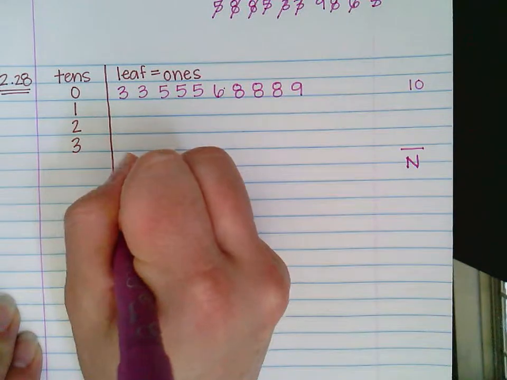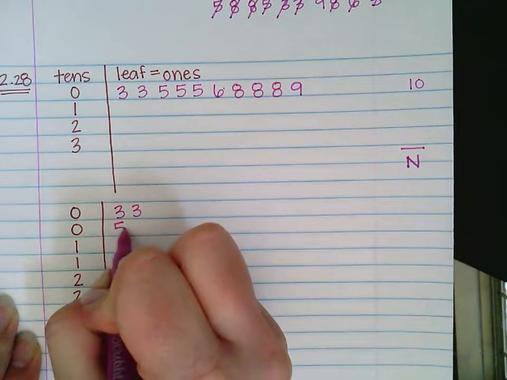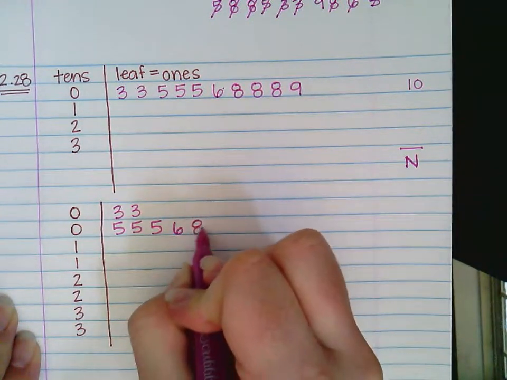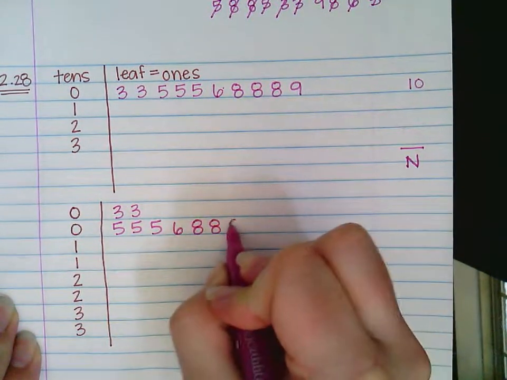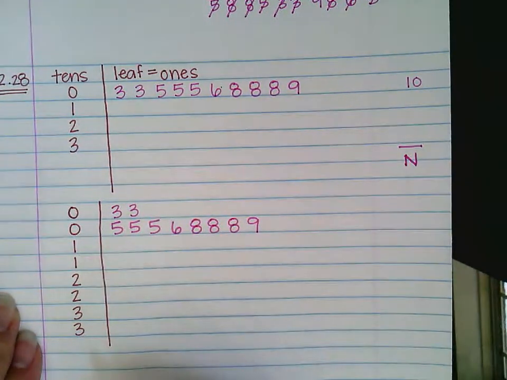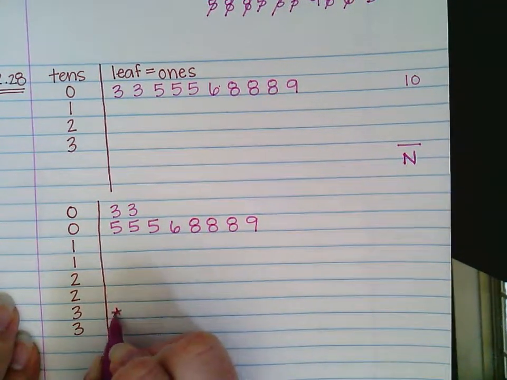So my 2 3s are going to go here, and then everything else is going to go in the second one here, okay? And you'll continue doing that. It is okay to have blanks. For example, you will actually have nothing here.